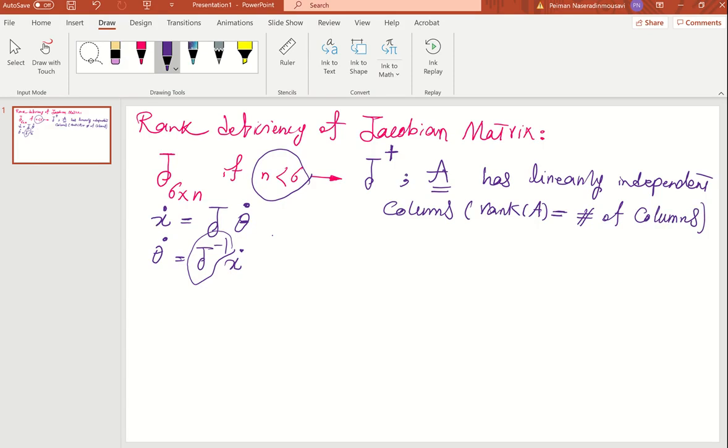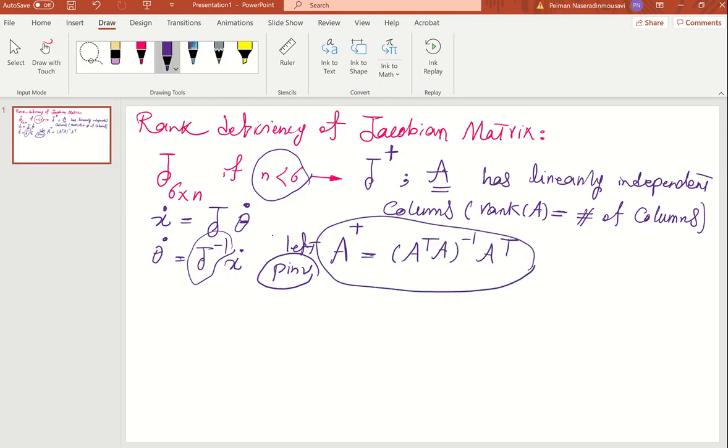So we have the pseudo inverse as the left pseudo inverse. Remember, pinv is the MATLAB command. The left pseudo inverse is A transpose times A, inverse, times A transpose.